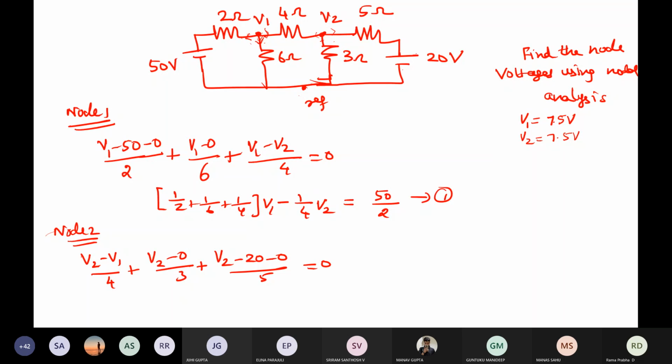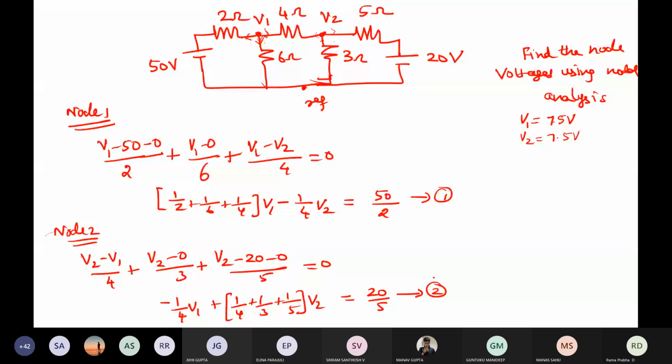Is this framing of equations okay, students? Yes, ma'am. Then collecting the terms, it will be 1 by 4 into V1, plus (1 by 4 plus 1 by 3 plus 1 by 5) into V2, equal to 20 by 5, that is 4. That will be your equation number 2.